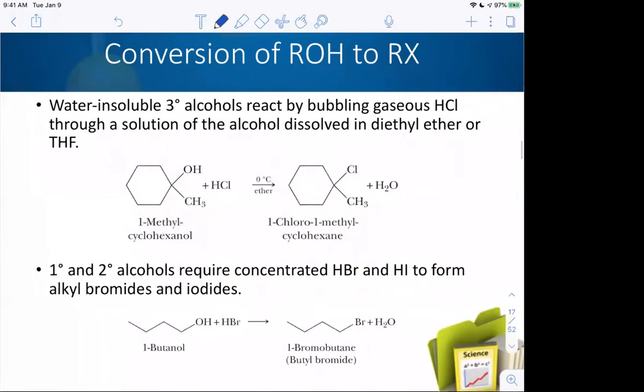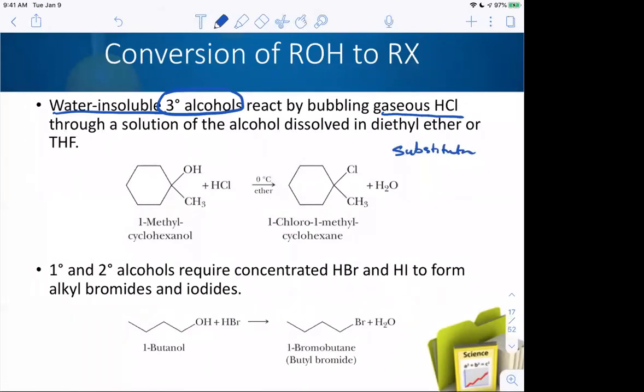I can also take water insoluble tertiary alcohols, and I can react them by bubbling gaseous HCl through the solution of the alcohol, and I dissolve this in diethyl ether or THF, so an unreactive solvent, and I can also do this substitution.